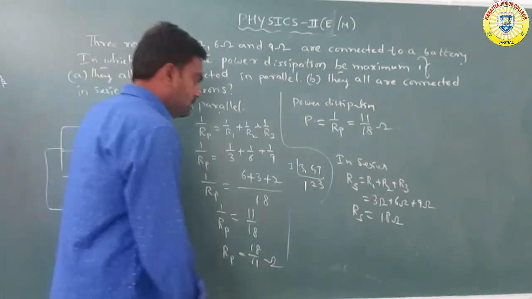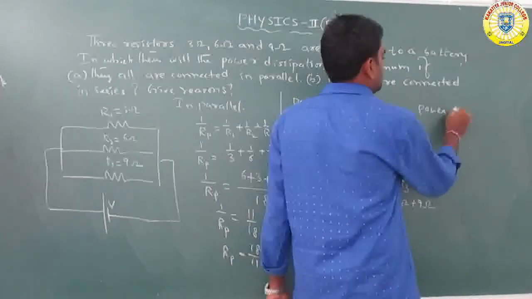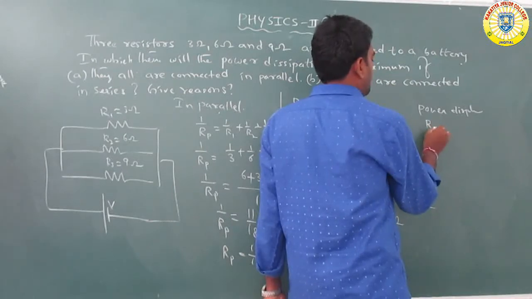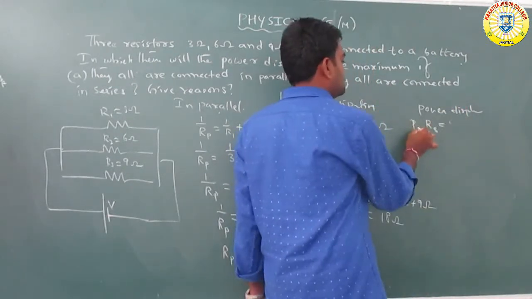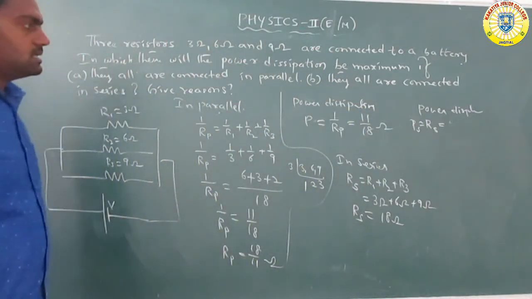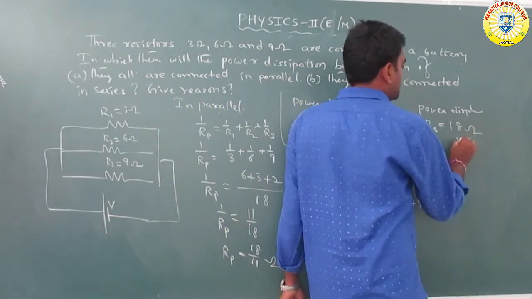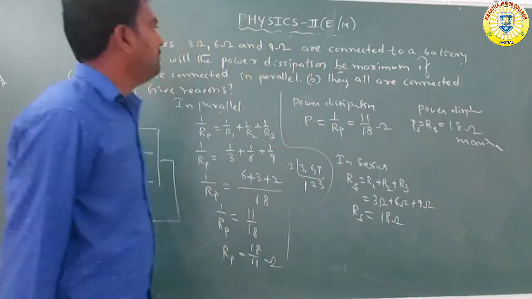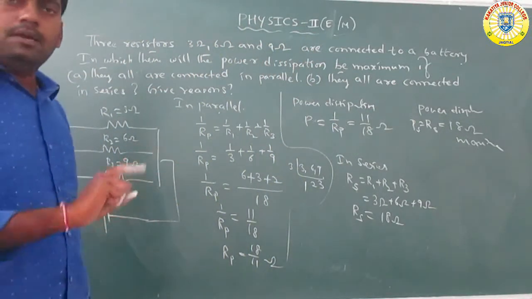So the power dissipation in series combination: PS is proportional to RS, which is 18 ohms. So that is the maximum power dissipation in a series combination compared to the parallel combination.